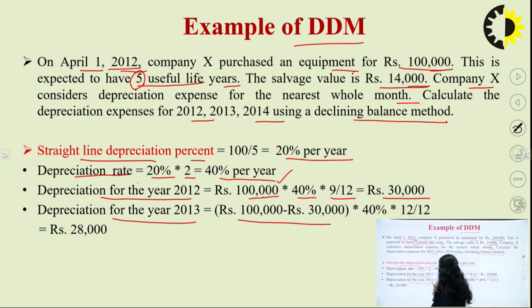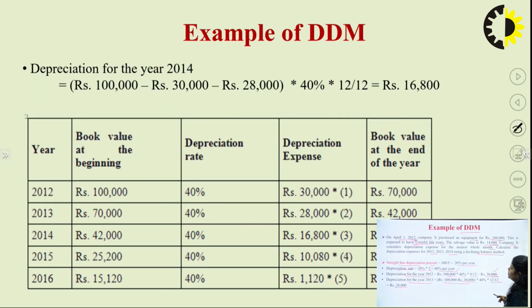But in case of 2013, it will become the cost of the equipment minus the accumulated depreciation, which is rupees 13,000, into 40%. 40% is the depreciation rate, into 12 by 12. We are calculating the depreciation for the whole year. So it comes out to be rupees 28,000.